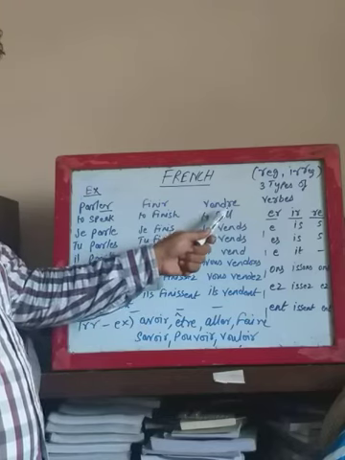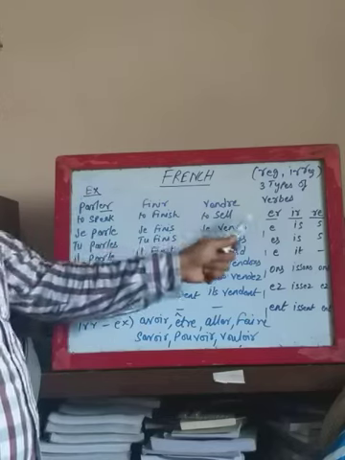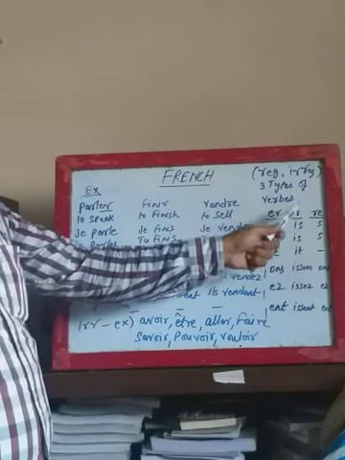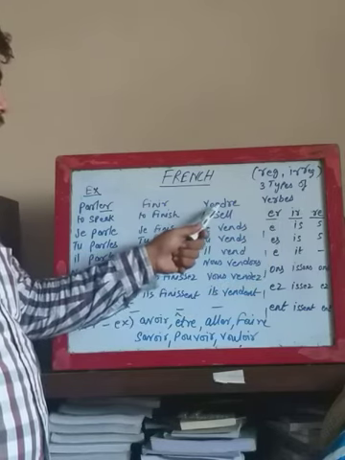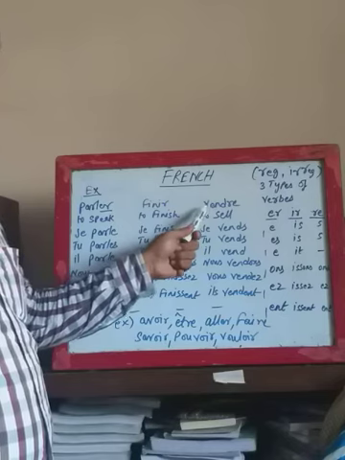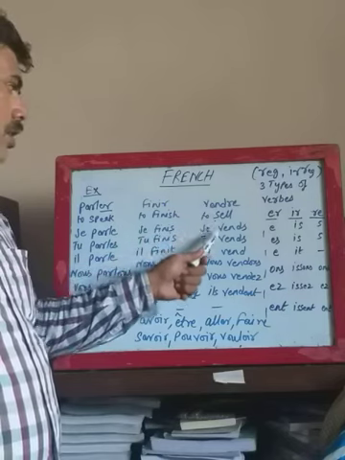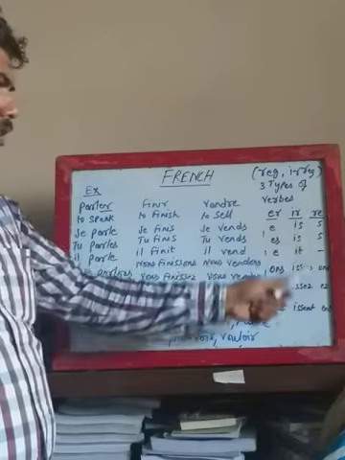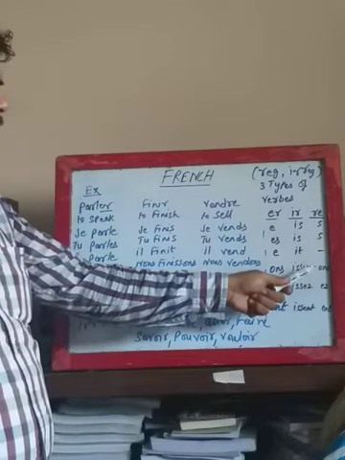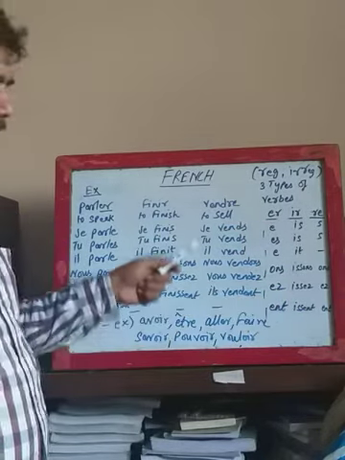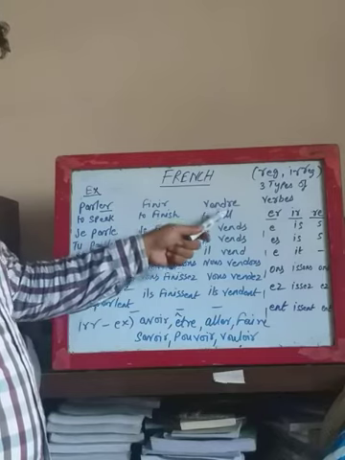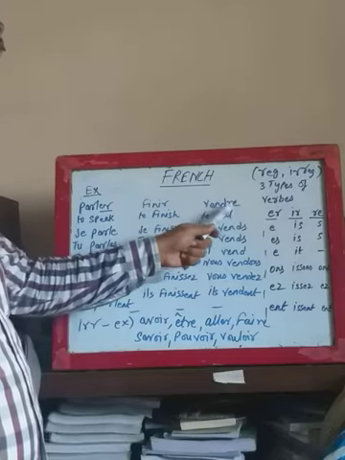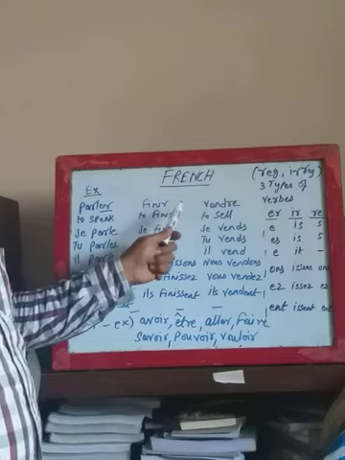Third group, the re group. We call the er group the first group, ir verbs the second group, and re verbs the third group. Here the re group verb is vendre, meaning to sell. How to do the conjugation? Replace re with these endings: s, s, third person nothing, ons, ez, ent. Remove re and keep the remaining as the stem. Likewise, remove ir and keep the remaining as the stem; remove er and keep the remaining as the stem.